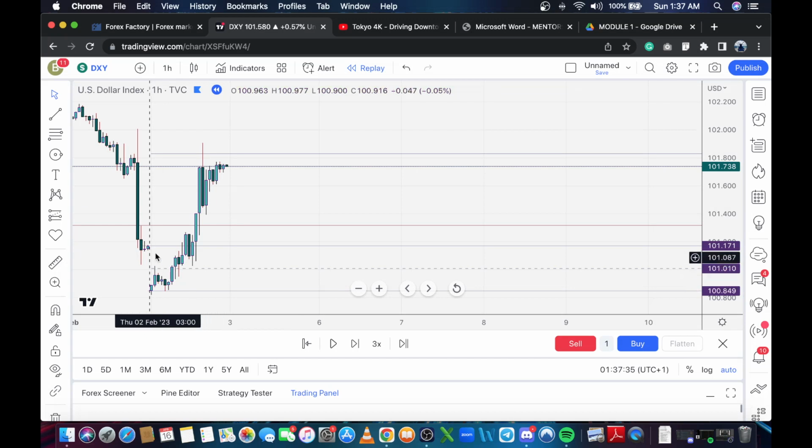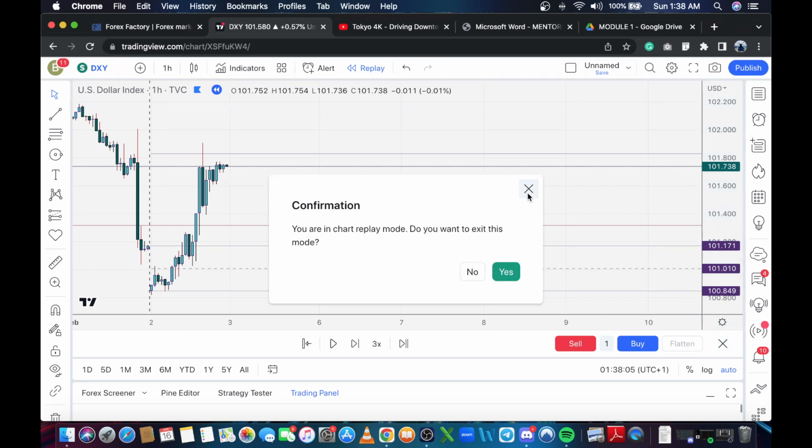So the opening gap on Thursday, 2nd of February, which is 2 months ago: the closing price on Wednesday, 1st of February, was 101.171, and then the opening price on Thursday, 2nd of February, was 100.85, which is a daily opening gap, which we've talked about before.